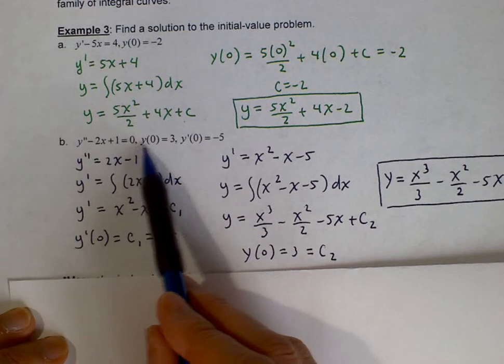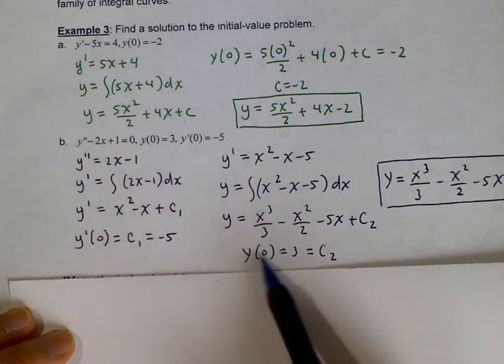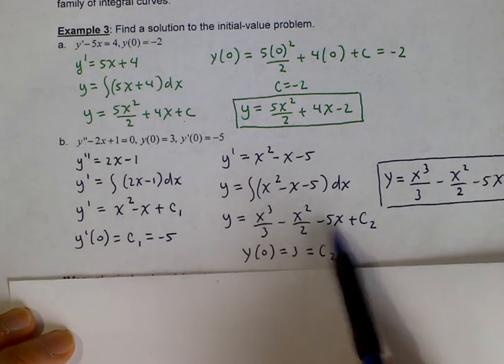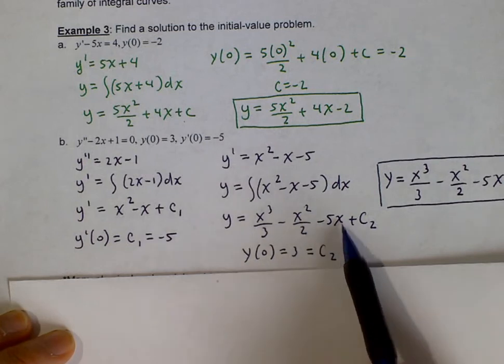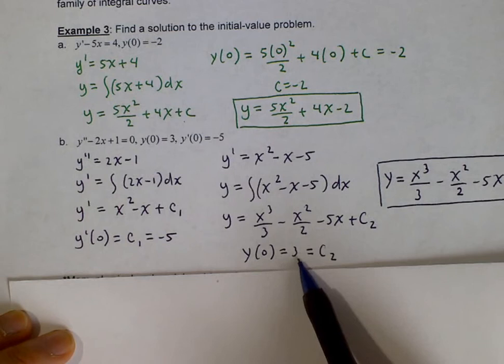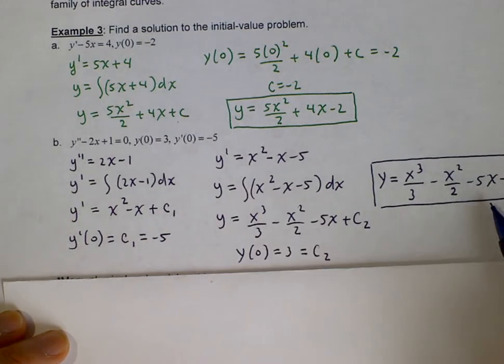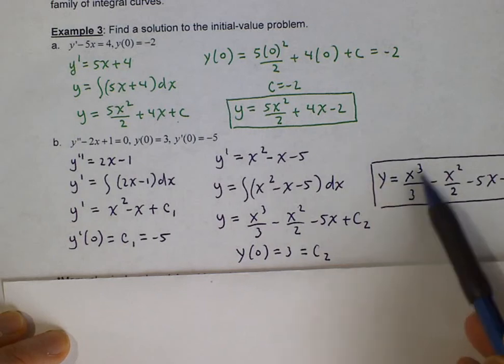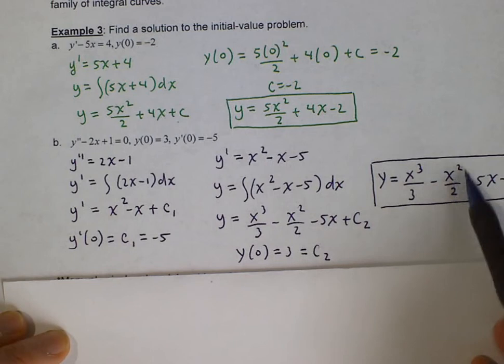So you have y of 0 is equal to 3, and this drops out, this drops out, this drops out because all of your x's are zeros. So you get C2 is equal to 3. So then my solution to the original function is going to be y equals x cubed over 3 minus x squared over 2 minus 5x plus 3.